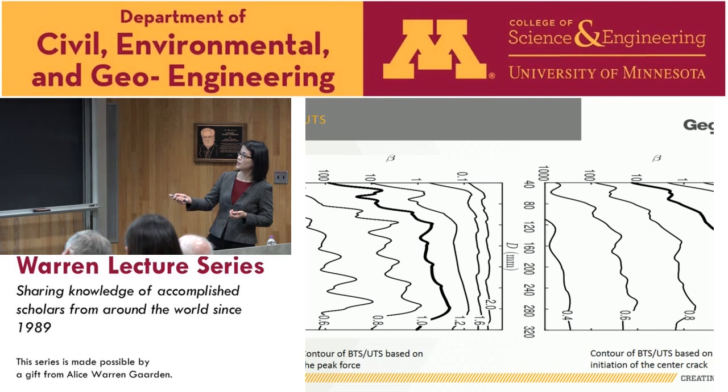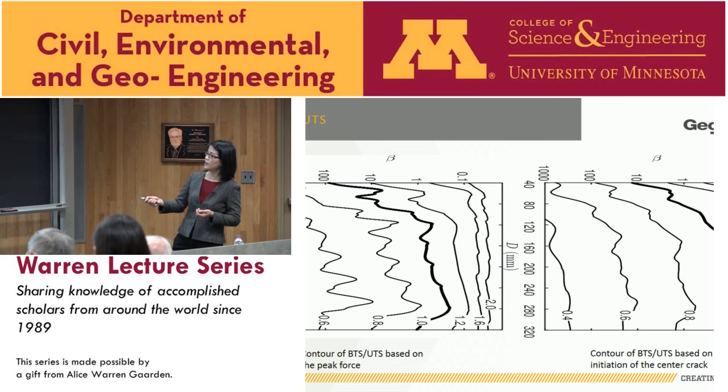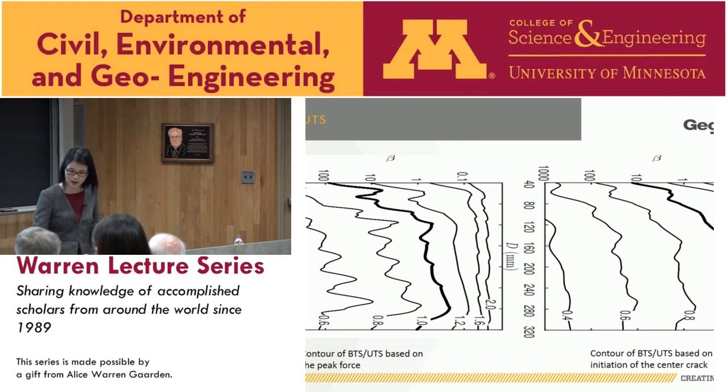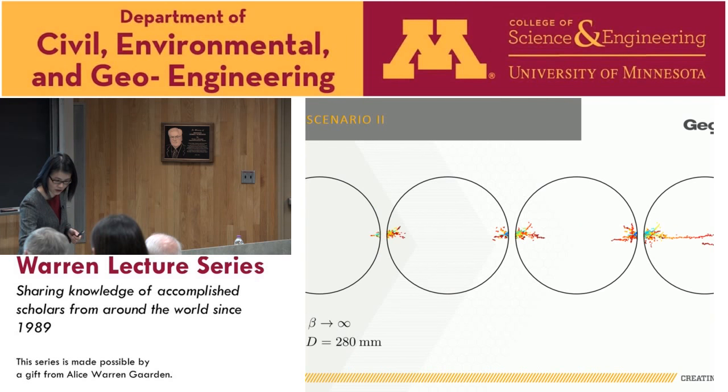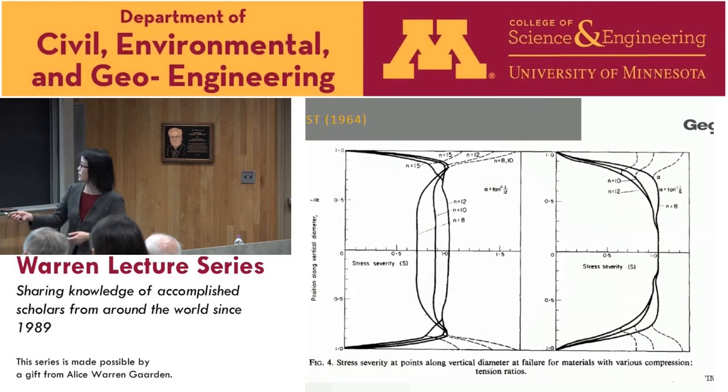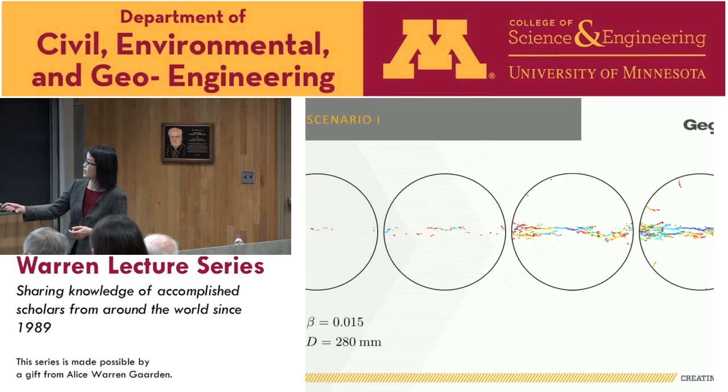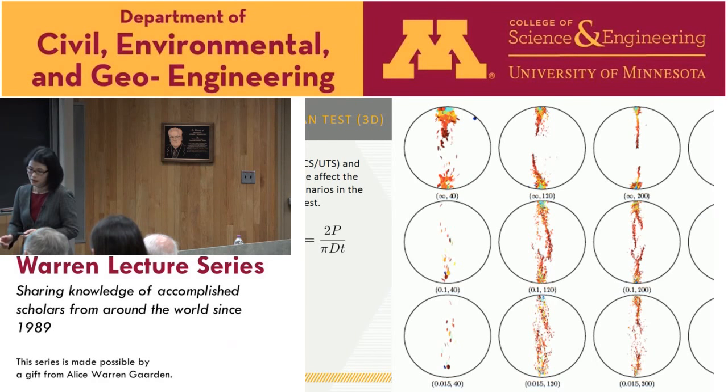So 1 is here, means they are equal, and so the Brazilian tensile strength either underestimates the tensile strength when the strength ratio is small, or overestimates, because when you have the center crack mechanism, really this equation, when you make this equal to the strength, this equation is only true for initiation.